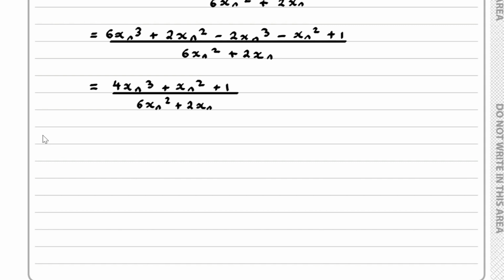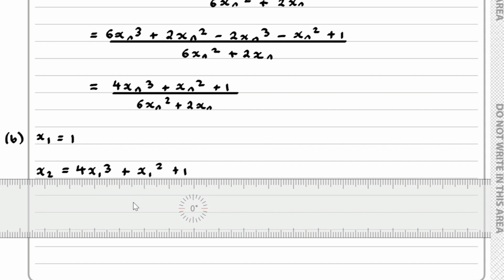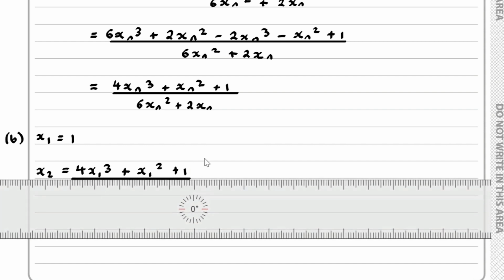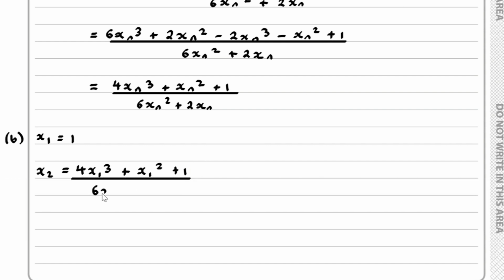Well, we know for part B, x1 is equal to 1. So, x2 will equal 4x1 cubed plus x1 squared plus 1 divided by 6x1 squared plus 2x1.